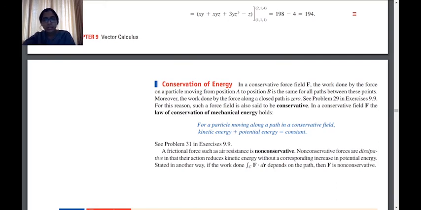Or in another way, we can say that the work done, that is the integral over C of F dot dr, depends on the path, and hence the field F is non-conservative.